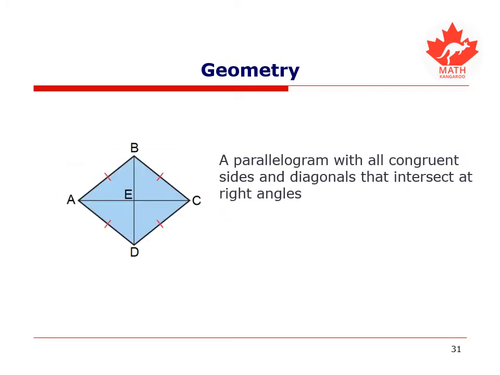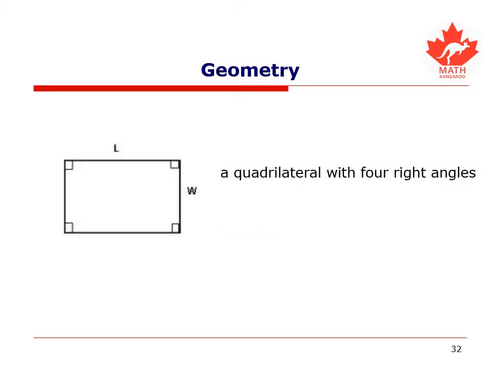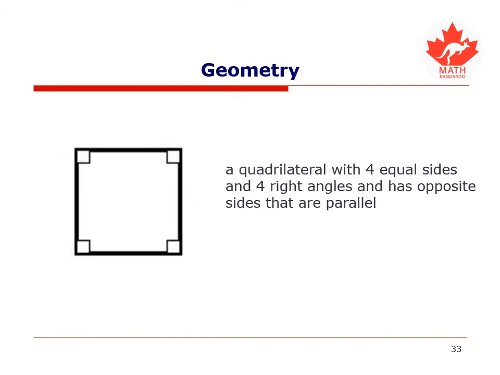A parallelogram with all congruent sides and diagonals that intersect at right angles. Rhombus. A quadrilateral with four right angles. Rectangle. A quadrilateral with four equal sides and four right angles and has opposite sides that are parallel. A square.